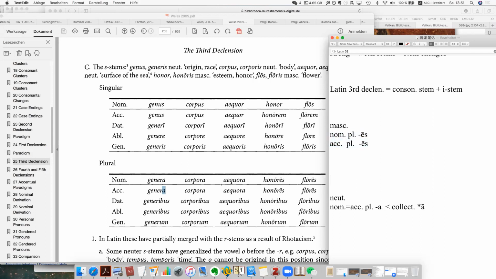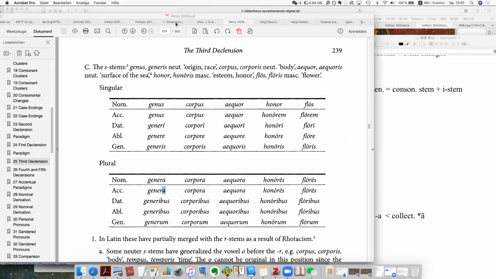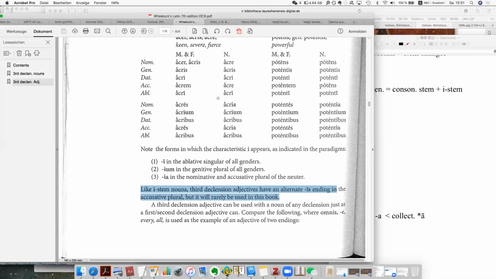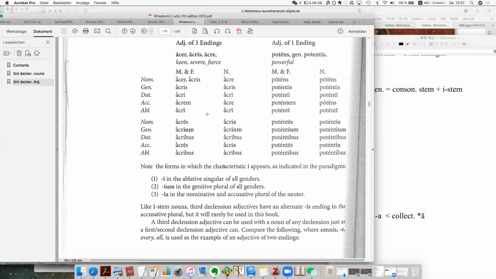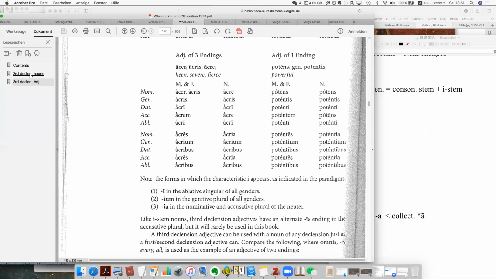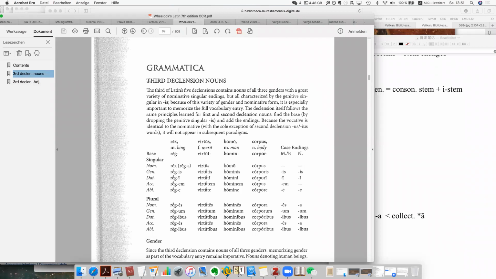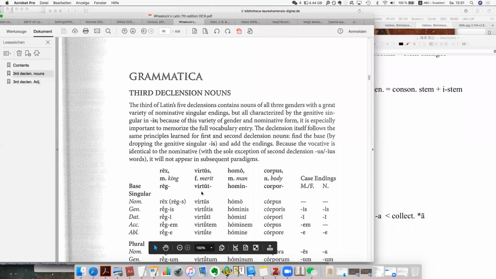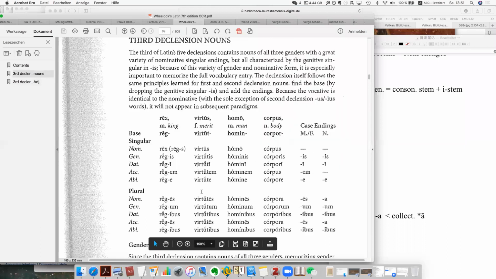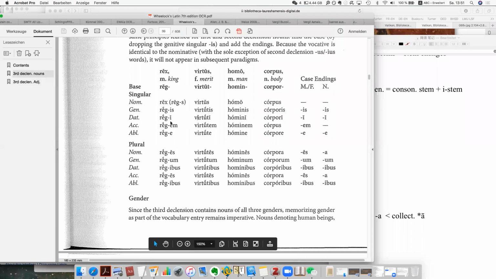And then we talk about this one. You find it also in grammar. If we check Wheelock's Latin, most of you know the grammar. You also find the forms of the third declension here.